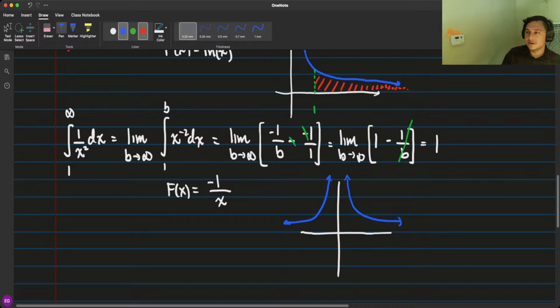It also has an asymptote. If you start accumulating area from 1 right here, and you keep on accumulating forever, what's the area under all of that going to be equal to? 1. Even though it stretches on forever and ever. So this one converged.